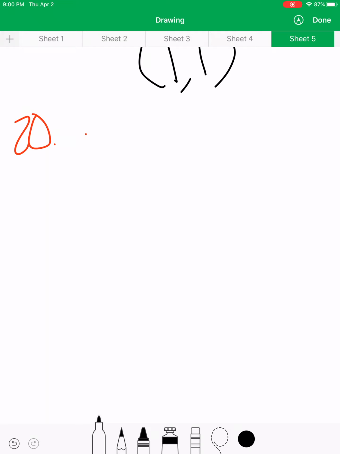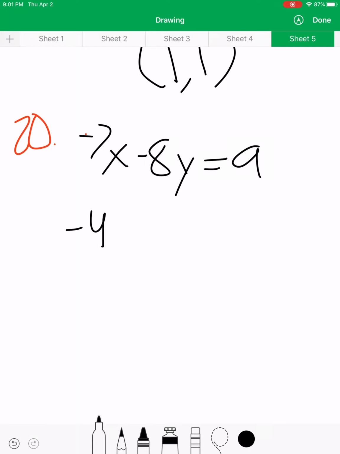All right, number 20, we have -7x minus 8y equals 9, and -4x plus 9y equals -22. All right, so this is going to be kind of like number 22 of your homework.